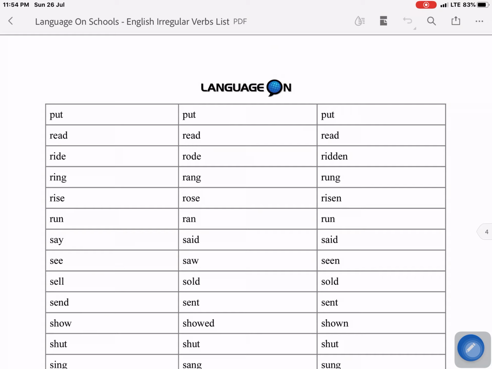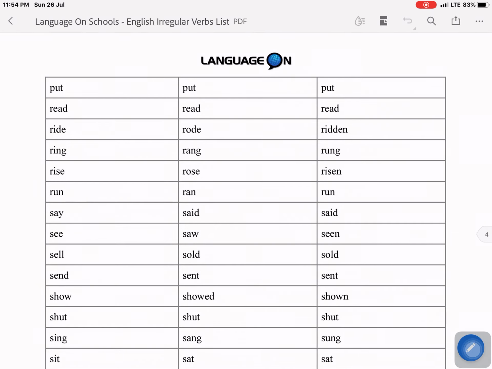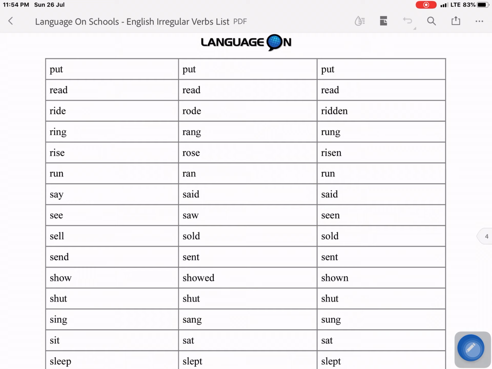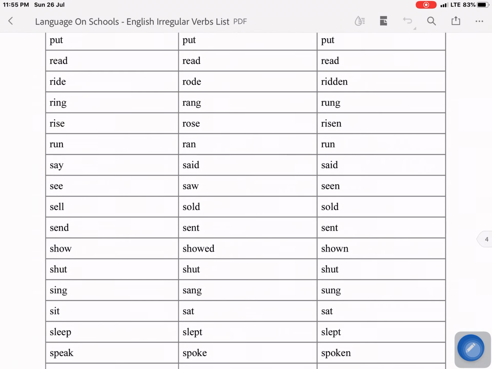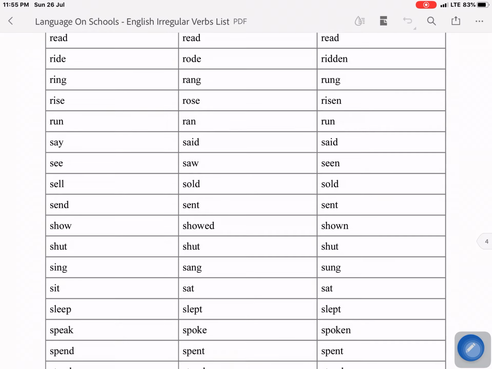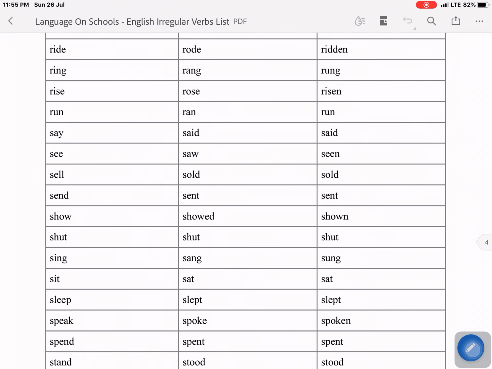Sell, sold, selling. Send, sent, sending. Show, showed, shown, showing. Shut, shutting. Sing, sang, sung, singing. Sit, sat, sitting. Sleep, slept, sleeping. Speak, spoke, spoken, speaking.